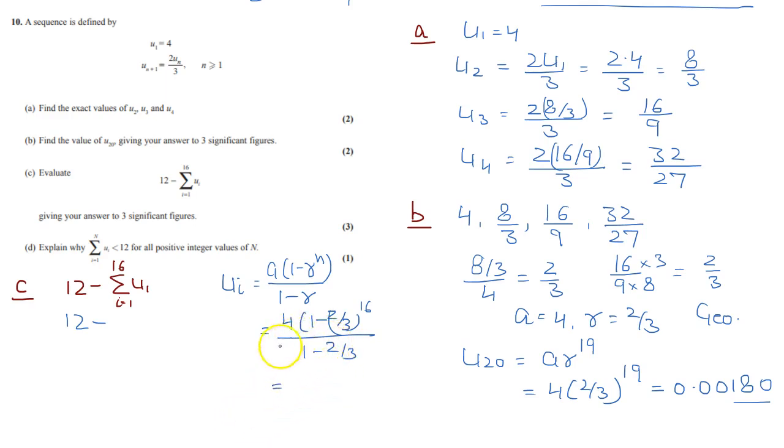So that is 4 divided by 1 over 3, times 1 minus 2 over 3 to the power 16. That is 11.9817 roughly. So 12 minus that is 0.0183 up to 3 significant figures.